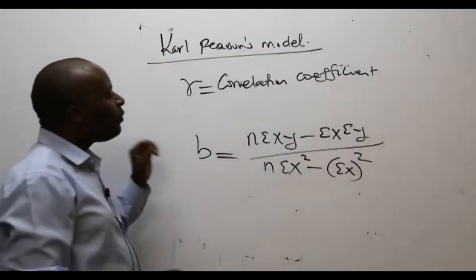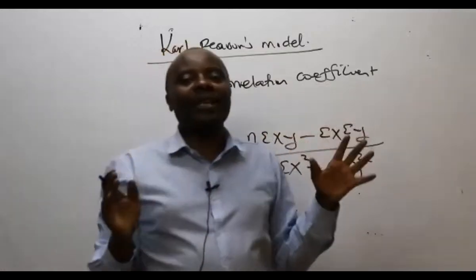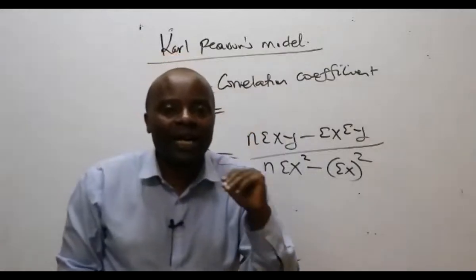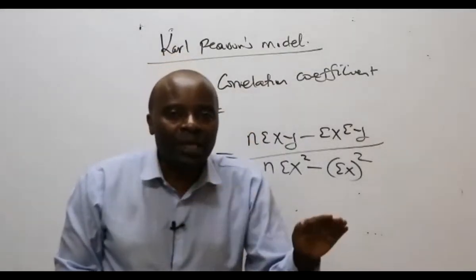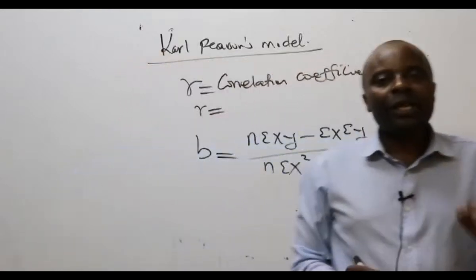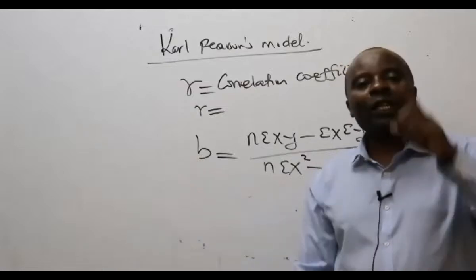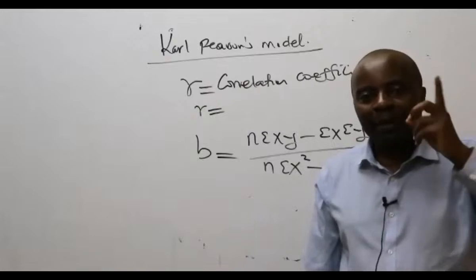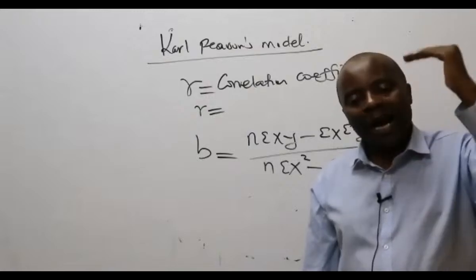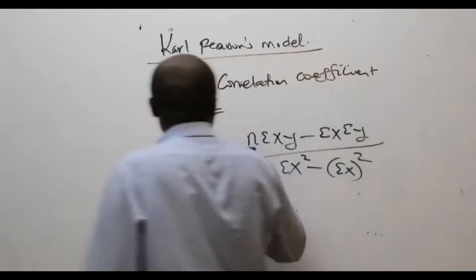When you tell me to give you the correlation coefficient, I may forget so many things about these formulas, but one thing will never, ever escape my memory: the numerator of r and the numerator of b are the same.